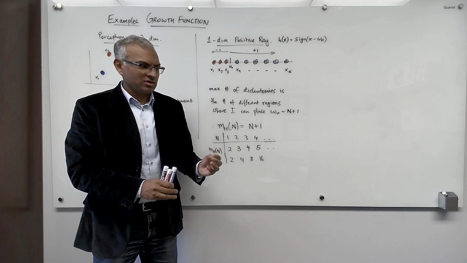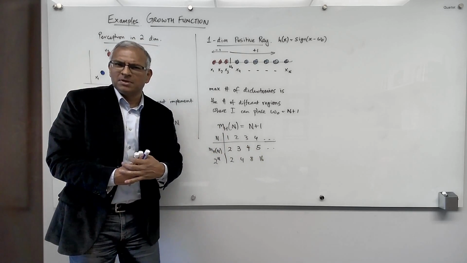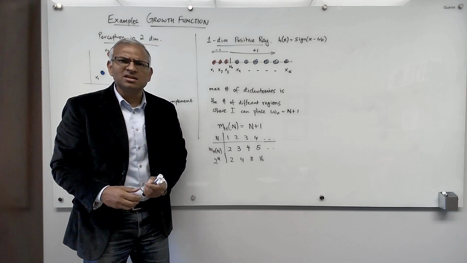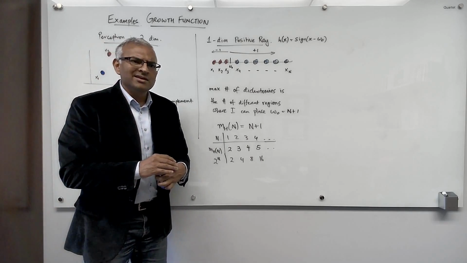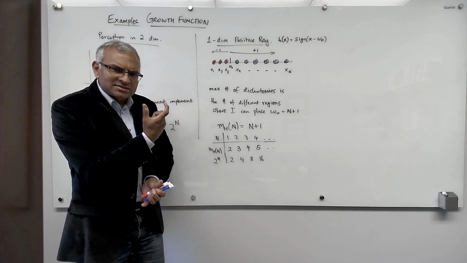So this just shows you that this measure of complexity, this effective number of hypotheses, is quite beautiful. It's a very imaginative step in analyzing the complexity of a hypothesis set when what you care about is a data set.